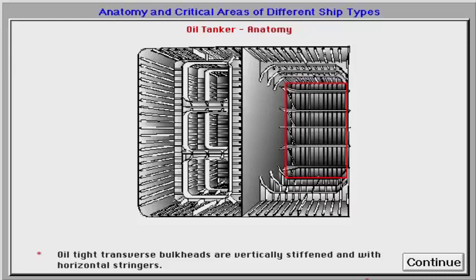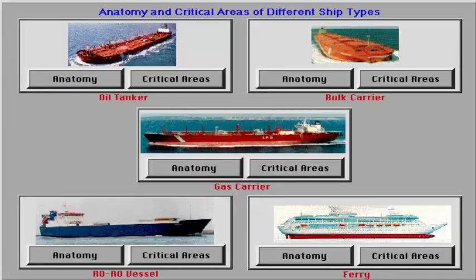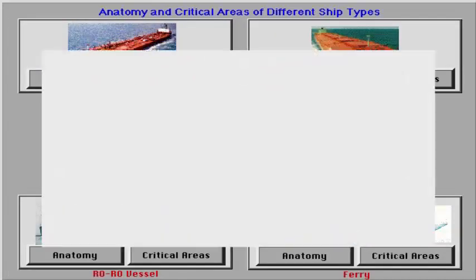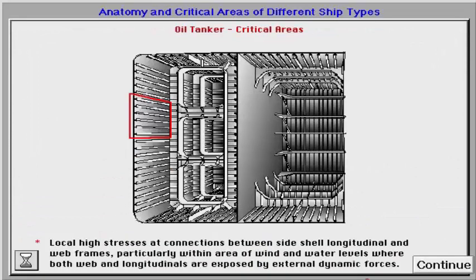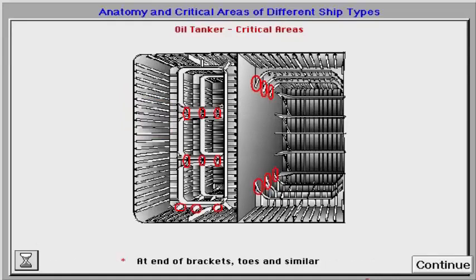The critical areas for oil tankers are as follows. At end of brackets, toes and similar. High shear stresses at ends of span. At end of cross ties.